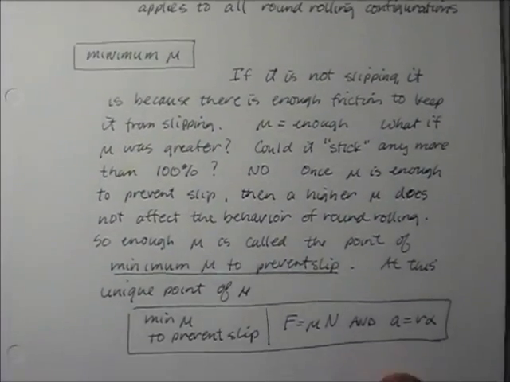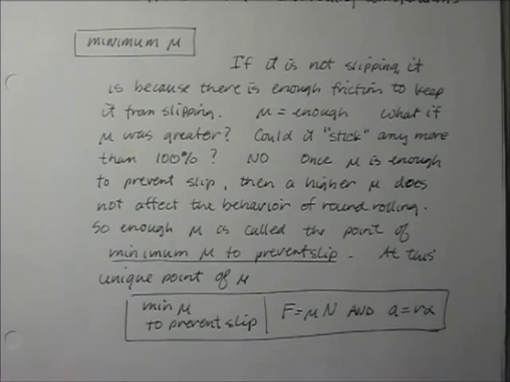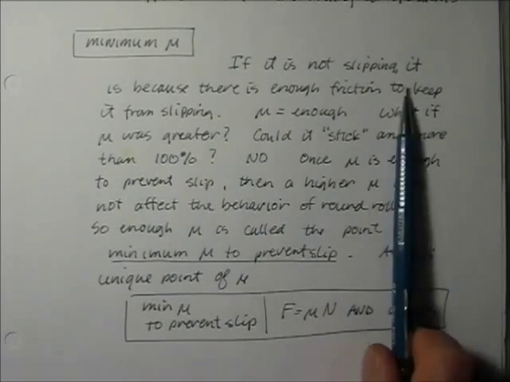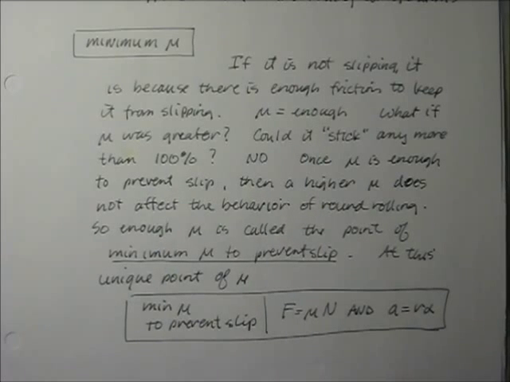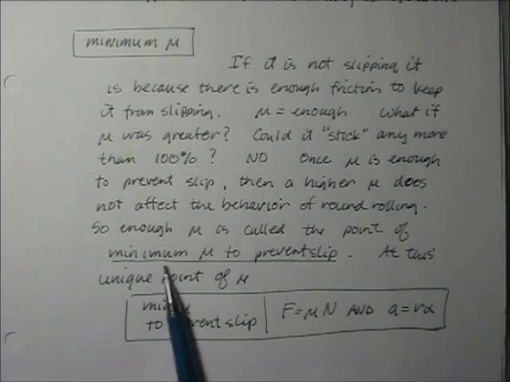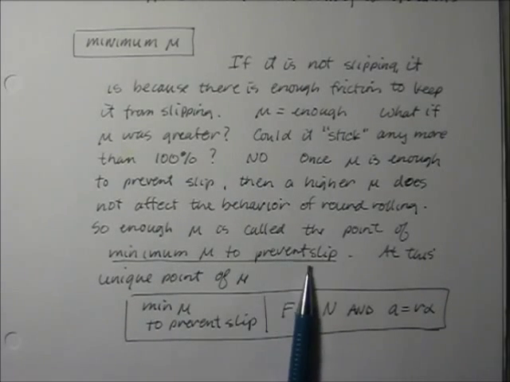And then you may sometimes find it handy to calculate the minimum mu to prevent slipping. I'll just let you read this, but if it's not slipping, it's because there's enough friction to keep it from slipping. However, there's a transition point where it has just enough friction to prevent slip.